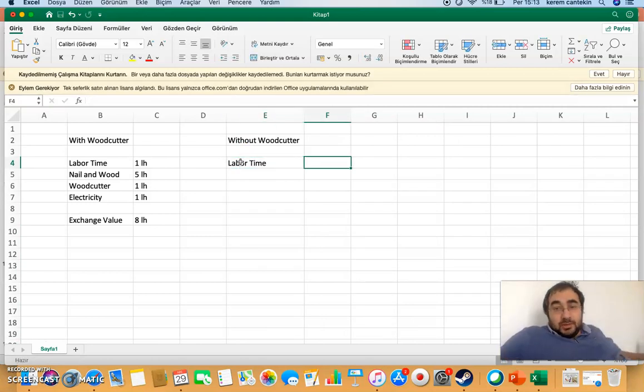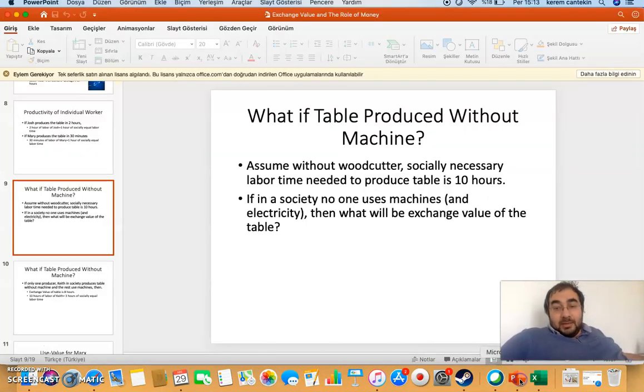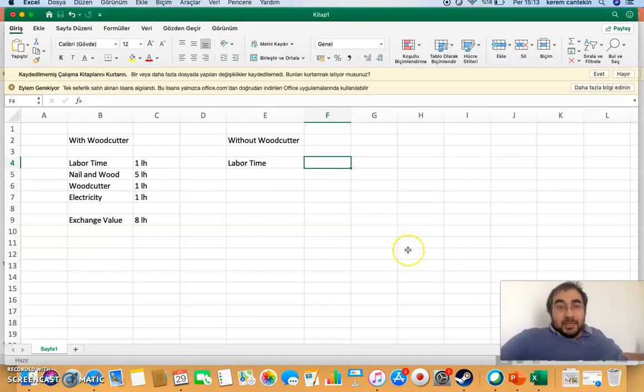Since you don't have a woodcutter, you need more time to produce the table. Of course, you might have a hammer, saw, things like that, but I assume they also don't exist. And without any significant machine or tool, let's assume you produce the table in 10 hours.